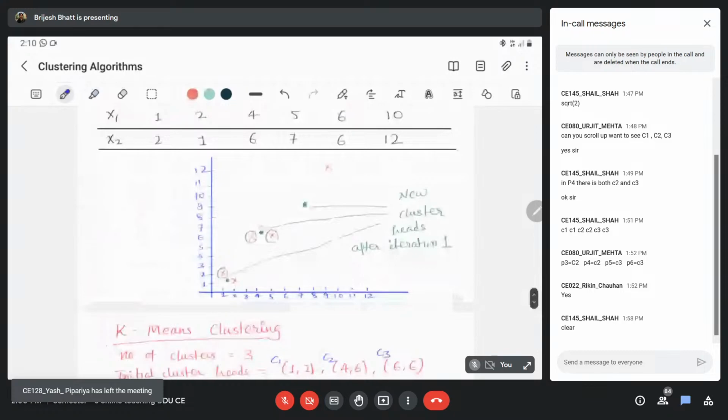When I calculate Euclidean distance, I calculate this. Last time we talked about Euclidean distance and Manhattan distance. And when I talk about similarity, what do I talk about? I talk about this.